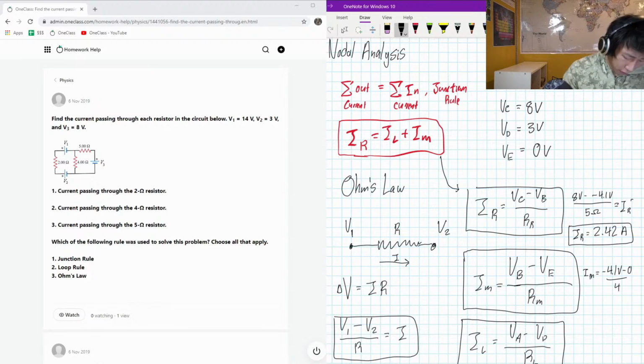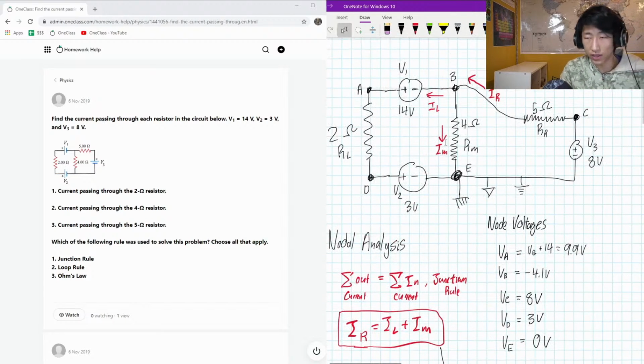So it's going to be negative 4.1 over 4. And that is negative 1.025 amperes.